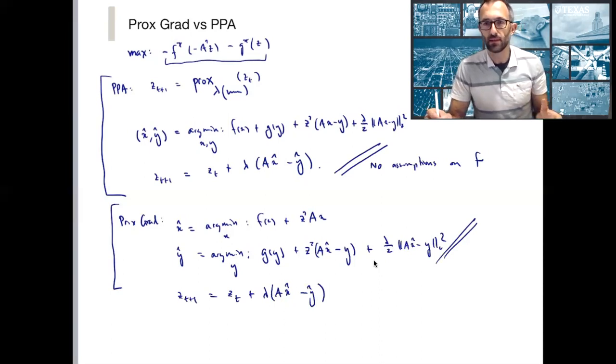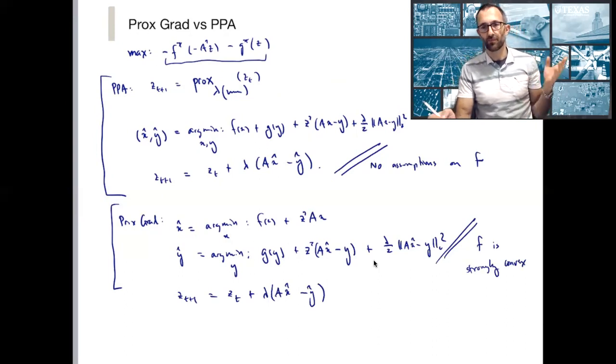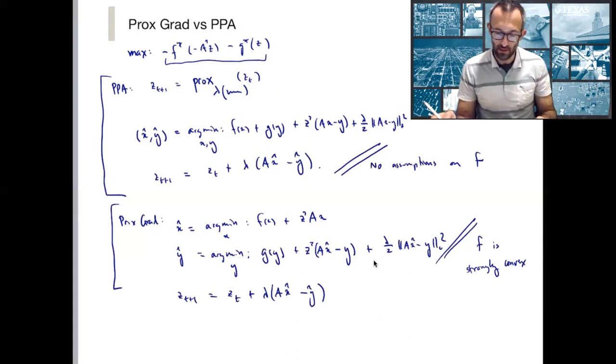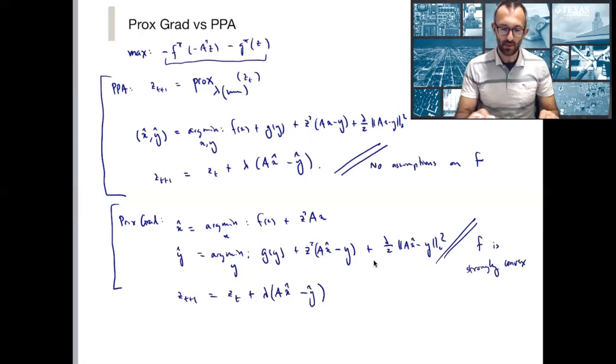I'm not going to say we need it, because it's not that this doesn't go through if we don't have strong convexity, but this makes sense when f is strongly convex. The reason I'm saying this is that we're taking a gradient step with respect to f star, and therefore we want f star to be smooth. Another way to think about augmented Lagrangian is that it's adding strong convexity in the primal, or it's smoothing the dual. So this is a comparison between proximal gradient and the proximal point algorithm.